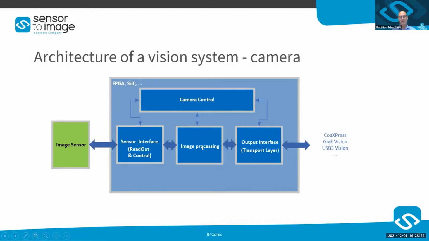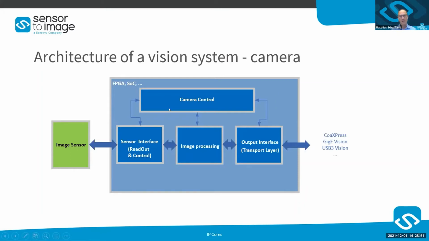Then we use an image processing part to do pixel pipelining, maybe process the image, a real processing of the image to get out the data. And finally, we have an output interface with a transport layer that could be CoaXPress, GigE Vision, USB3 Vision, but of course, MIPI or other protocols are available as well.